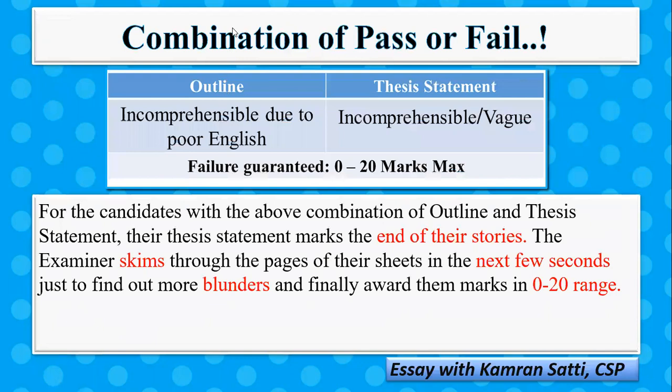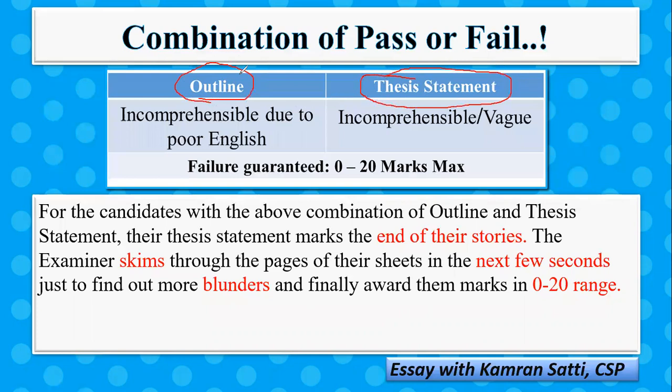Now we will talk about combinations, because the examiner has 10,000 scripts approximately, and he won't be wasting too much time on your script if you don't give him anything either in the outline or in the thesis statement. So let's just look at the combinations. Now if your outline is incomprehensible due to poor English, and your thesis statement, which resides at the end of the introductory paragraph, is also not clear.